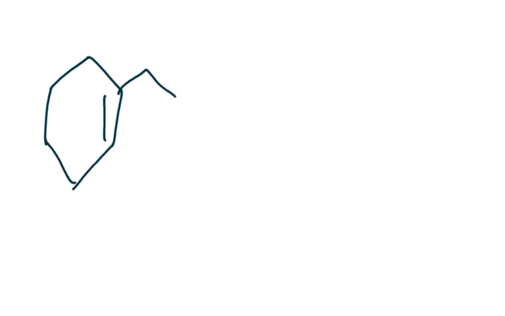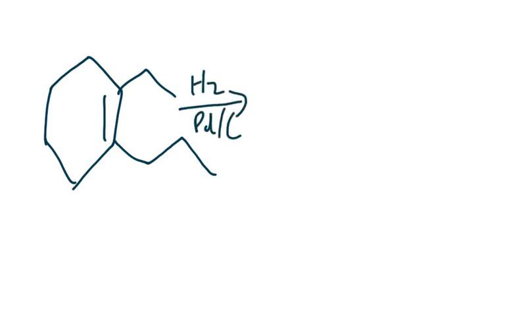So what did we have? We had this as our reactant, and then we had hydrogen gas with palladium on carbon. We said the hydrogens will always add on the same side. So either both the hydrogens have to be on a wedge or both have to be on a dash.